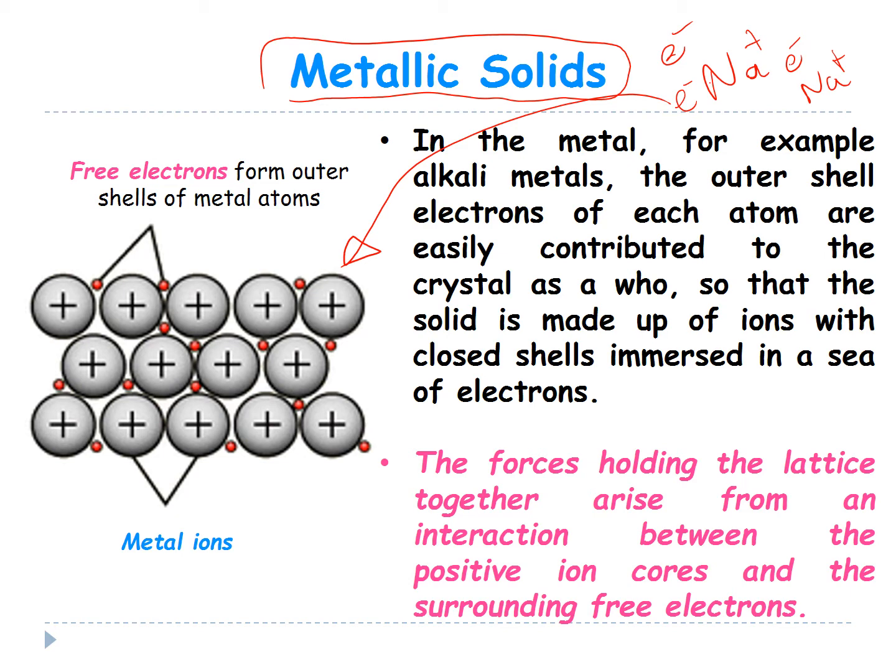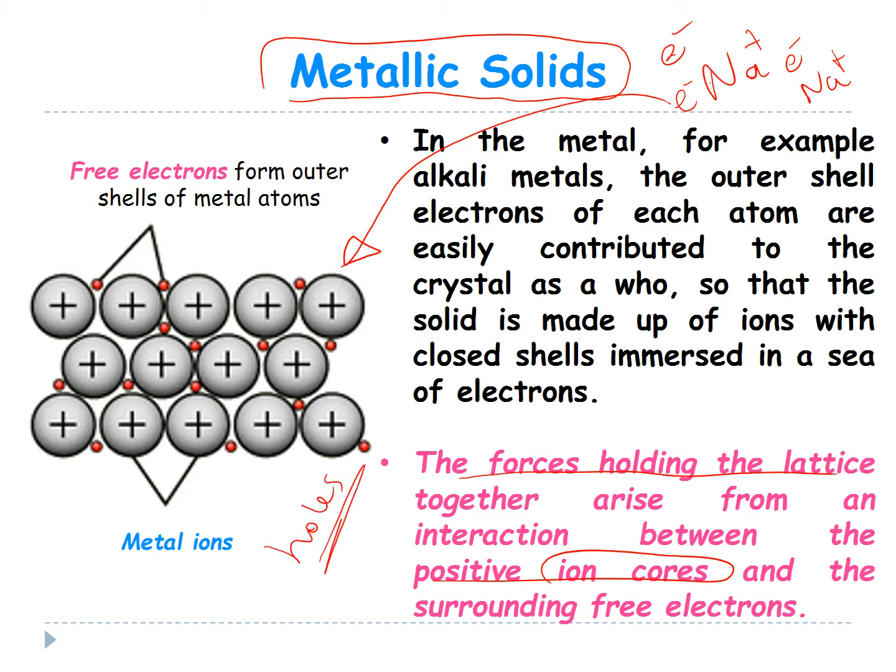So the forces that hold the lattice together arise from an interaction between the positive core ions and the surrounding free electrons. Remember that the core ions are positively charged and the electrons are negatively charged. So this attractive force holds the metal together. And it's very important to see here that we don't have any holes.